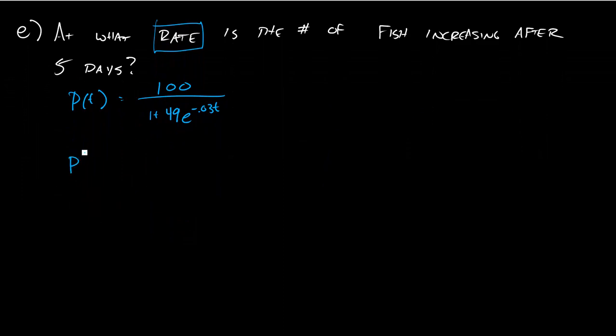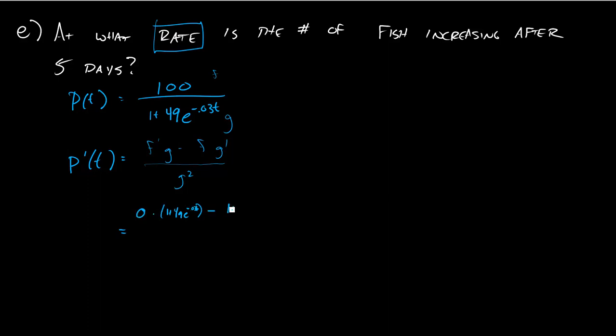To solve this, we need to find the derivative of this equation, and the way to do that is with the quotient rule. So we have f and g, and the quotient rule says the derivative is f prime g minus f g prime, divided by g squared. In this case f prime is 0, so this term is 0 times g, 1 plus 49 e to the negative 0.03t squared, which doesn't matter too much because it's times 0.